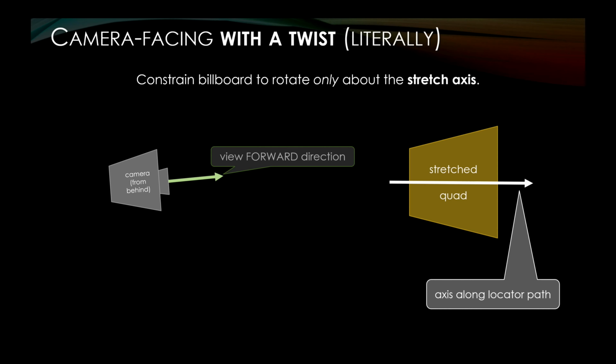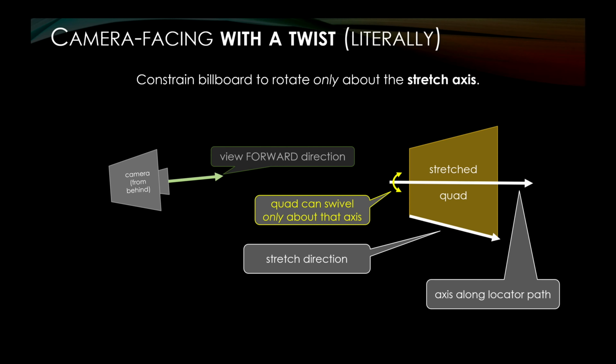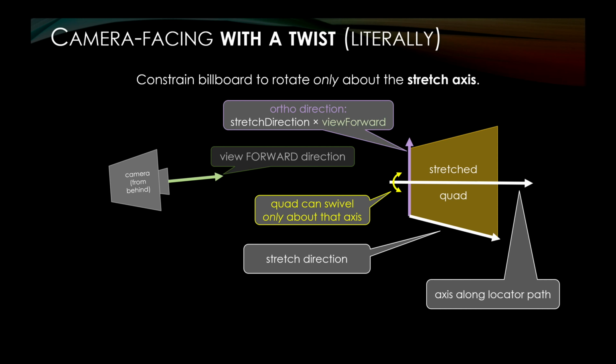And before, we looked at the rightward direction and the upward direction of the camera, but here we have an additional constraint, which is that that quad is only allowed to pivot about the axis that it's stretched along. But with that constraint, we still want the quad to face as much as possible towards the camera. So what we do is we draw one dimension of the quad aligned along that stretched direction, and then the other direction, we try to align as much as possible with the camera upward direction.